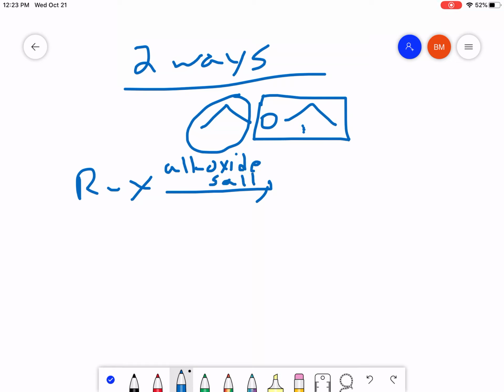And I'll give you an example of one in a second when I show you the specific reaction. All right? So you use an alkoxide salt, and you have to have a solvent. Remember, SN2 reactions work best with aprotic solvents. There are several of them listed in your book as examples. All right? And what's going to happen is the OR part of the alkoxide salt will replace this guy over here, and you'll end up with your ether.